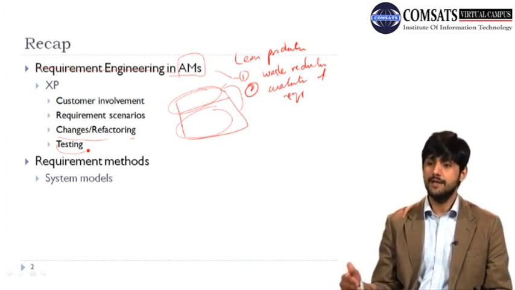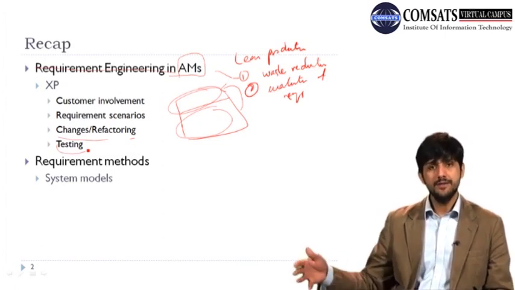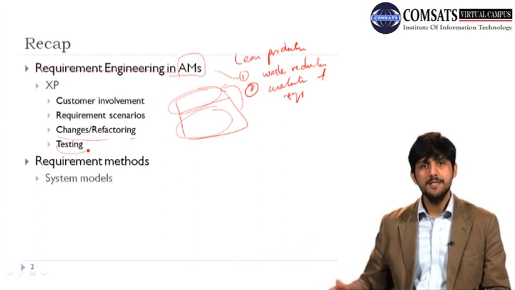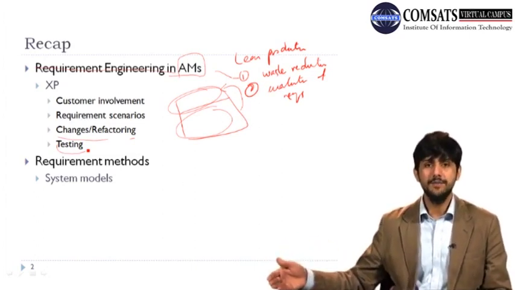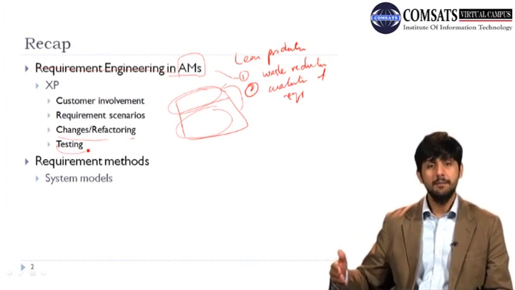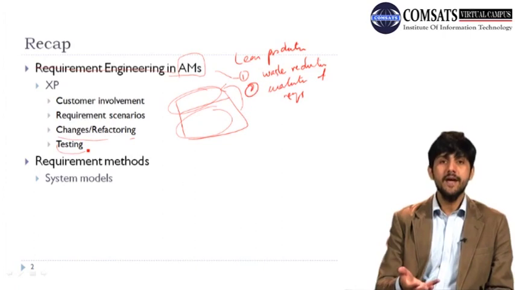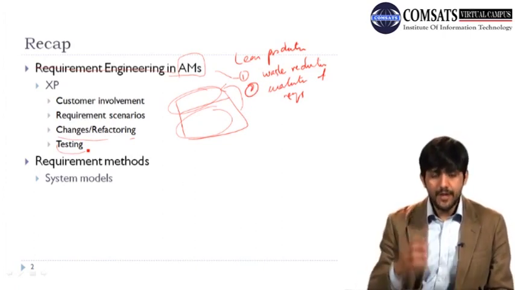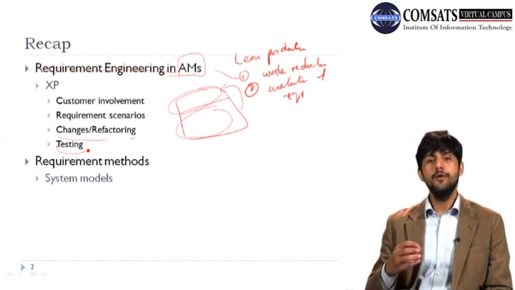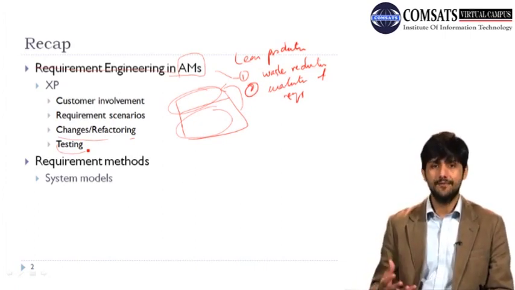For example, data flow modeling would result in data flow models or data flow diagrams, DFDs. Similarly, if you have semantic modeling, it would result in maybe entity relationship diagrams. If you have an object-oriented method, then the system models would be object diagrams, class diagrams, and these kinds of things. So your choice of method for requirement engineering would mean that your system representation is different.